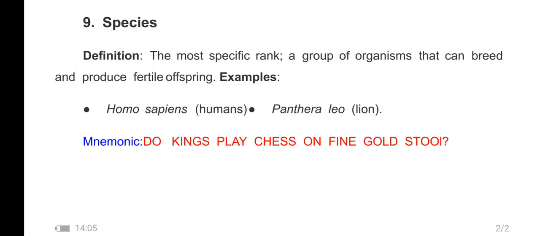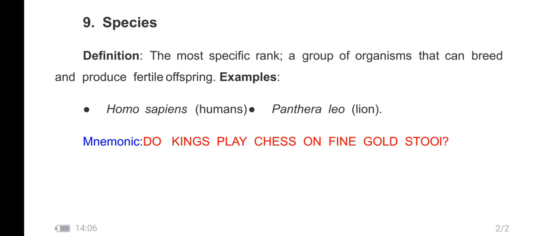Now, the species is the most specific rank. A species is a group of organisms that are able to interbreed to give viable offspring. When we say interbreed, these are able to firstly mate, and they are able to give fertile offspring. So humans are able to interbreed, and the offspring produced are also able to interbreed.